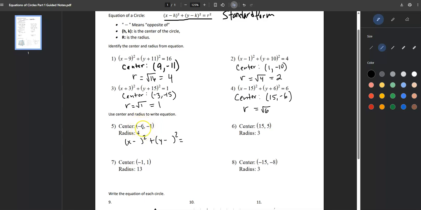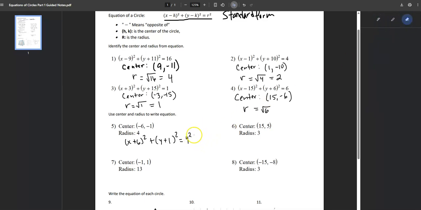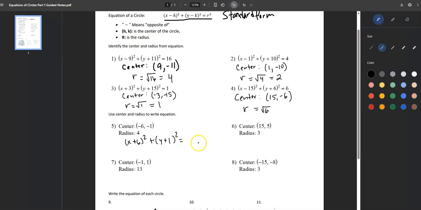So we've got negative 6, negative 1. This becomes a positive 6 because it is usually negative, and this becomes a positive 1 inside of my equation. And then I have to square 4. 4 squared is, everybody hopefully said 16. That's what it's going to look like after I square that.